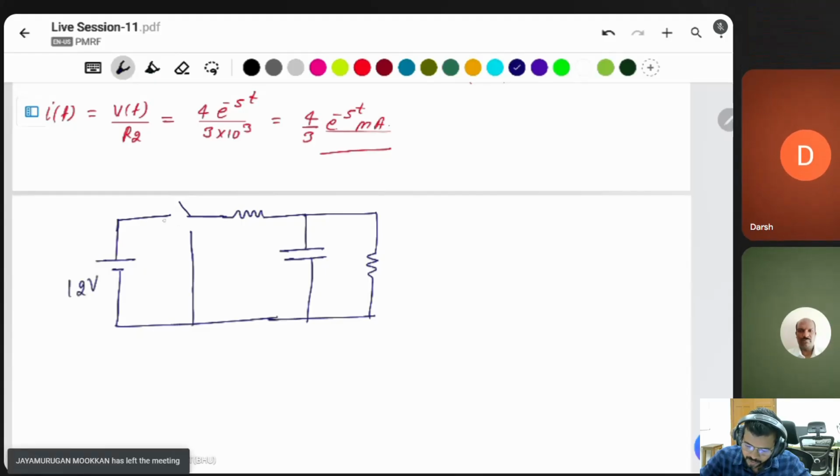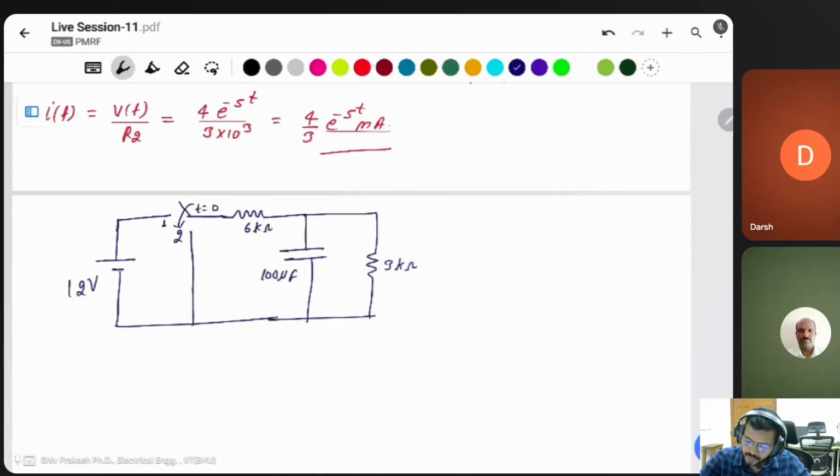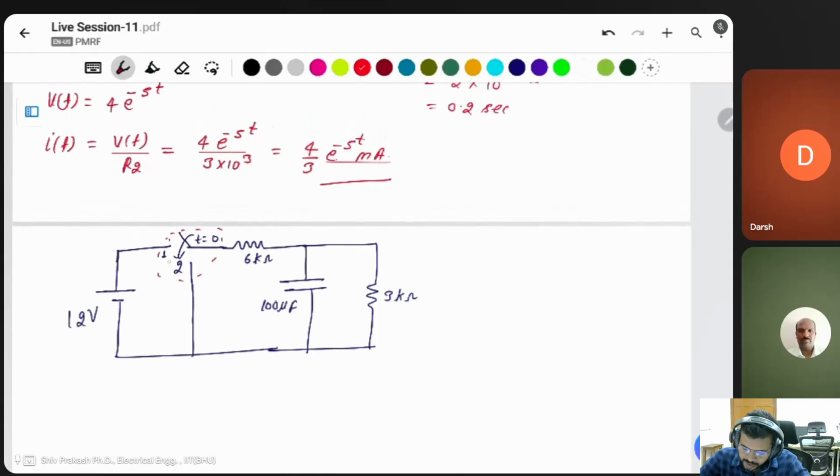This is a 12 volt source, with a switch at position 1 2, operating at t is equal to 0. This is 6 kilo ohm. Simply check the connection. If the connection is given as t is equal to 0, before 0 it is connected to the source.